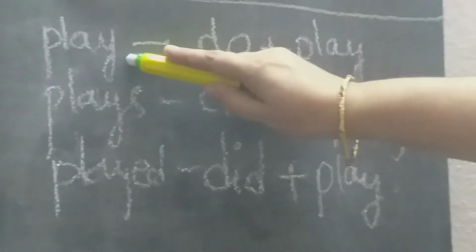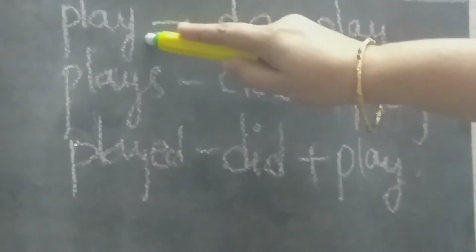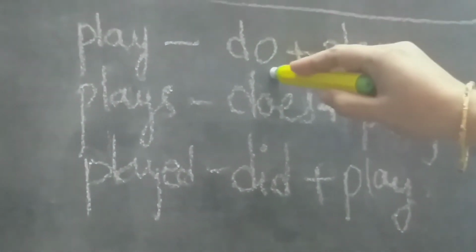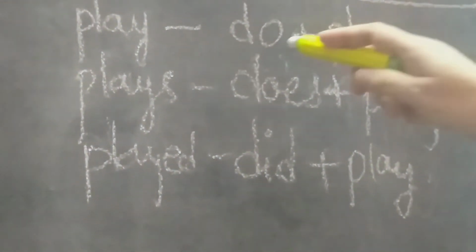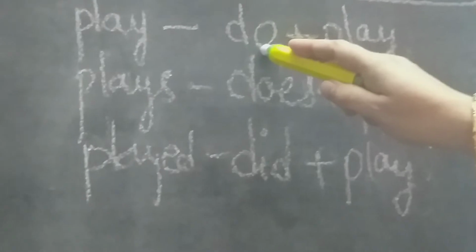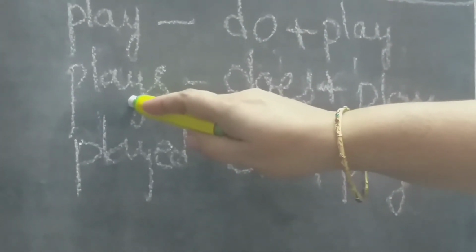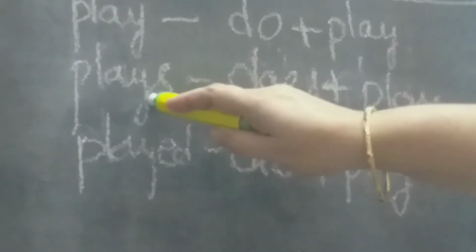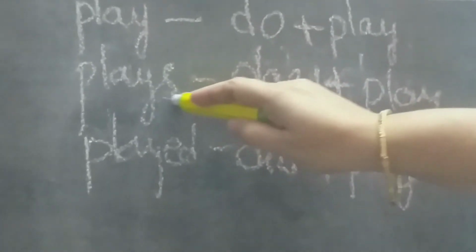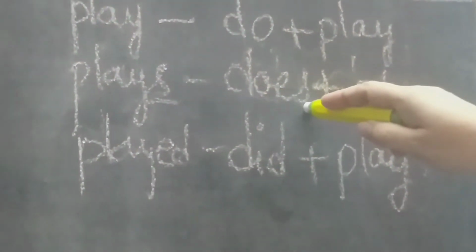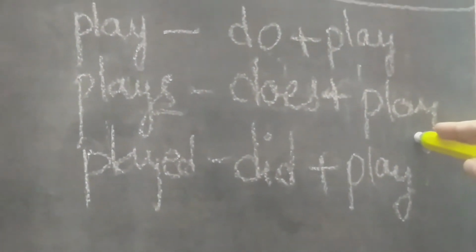If you get the main verb in present tense, that is play, we have to divide that word into do plus play. So the auxiliary verb used is do. If the main verb given is plays, which is also a present tense, for that observe this S, then divide the word into does plus play.